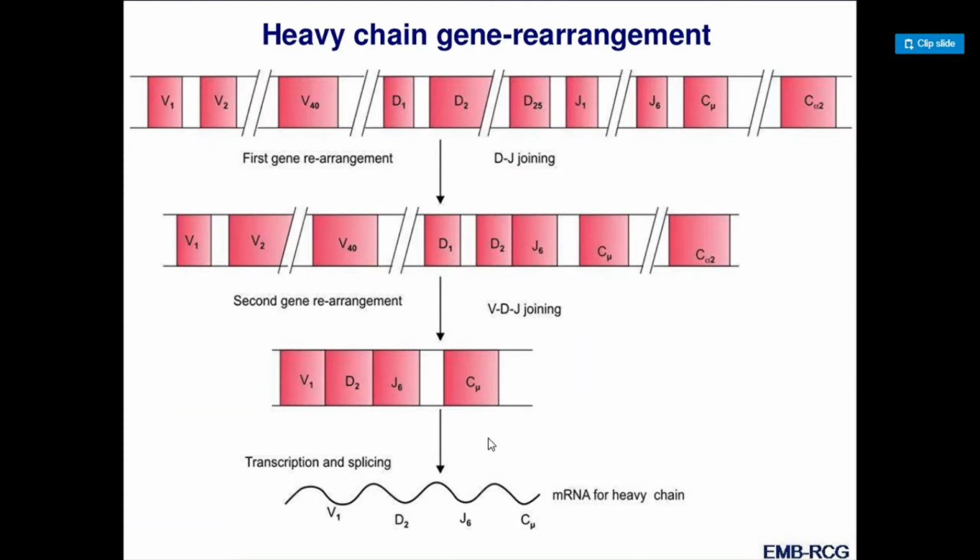Here we have the heavy chain gene rearrangement, with the 40 V segments, the 25 D segments, and the 6 J segments. They combine to form the VDJ regions, which are transcribed to form messenger RNA containing the different combinations of VDJ.